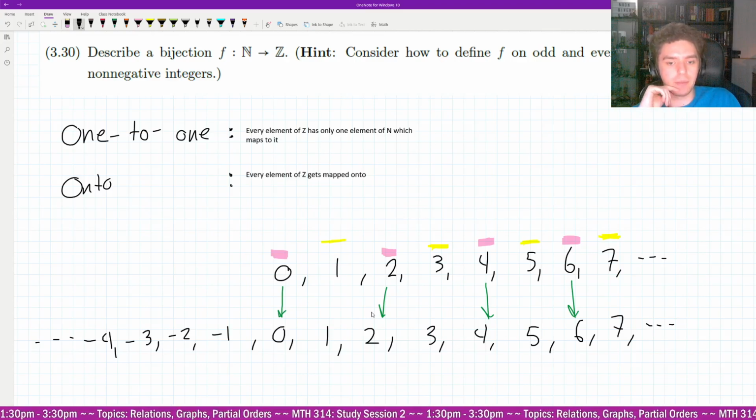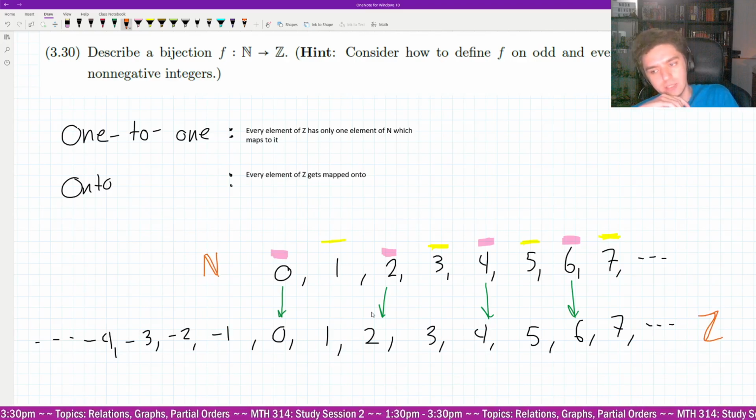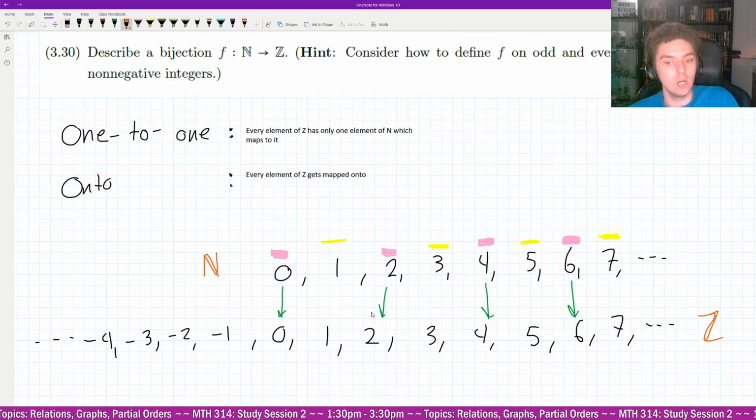okay, I'm going to map the even numbers. Let me make sure I say the right thing here. Yes, the even numbers of this set. Remember, this set up here is N. This set here is Z. So the even elements of N will be counting the positive Z's.